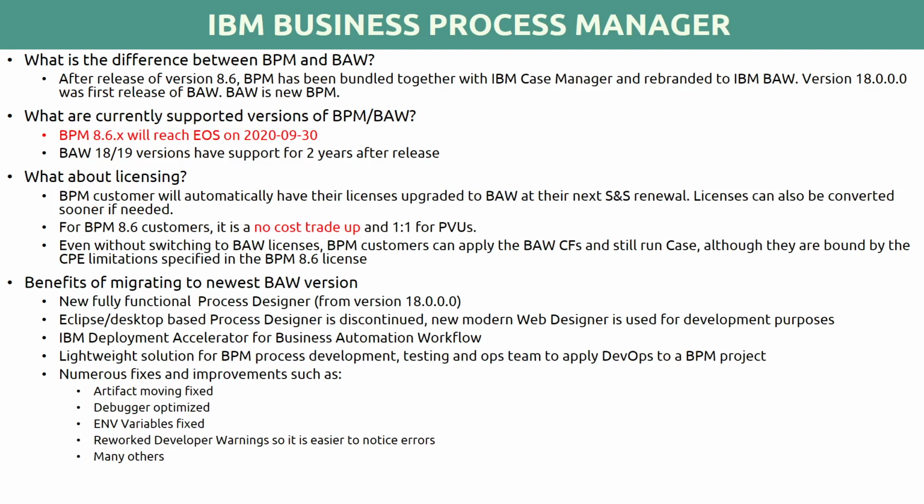One benefit of migrating to this new software is that there is a no-cost trade-up. So if you have IBM BPM licenses, you can easily go to Business Automation Workflow, use those licenses, and get all of the benefits of case management and BPM.